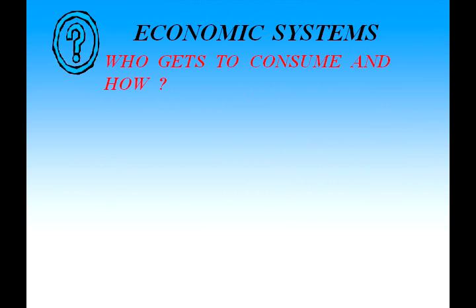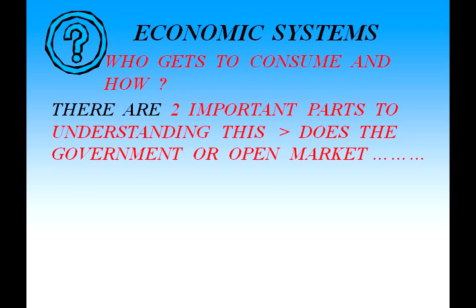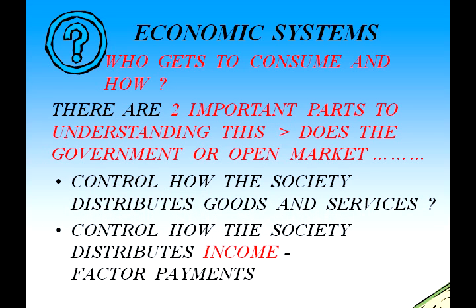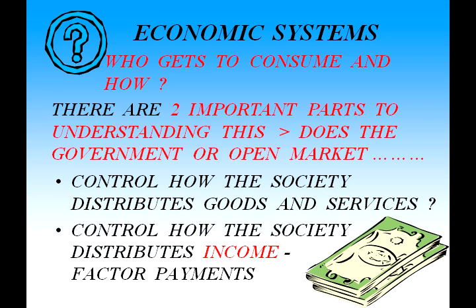In answering the question, who gets to consume and in what form of the goods and services, there are two important parts to understanding this question. Does the open market or the government control how the society distributes the goods and services to be consumed? And who, the government or the open market, controls how the society will distribute income?